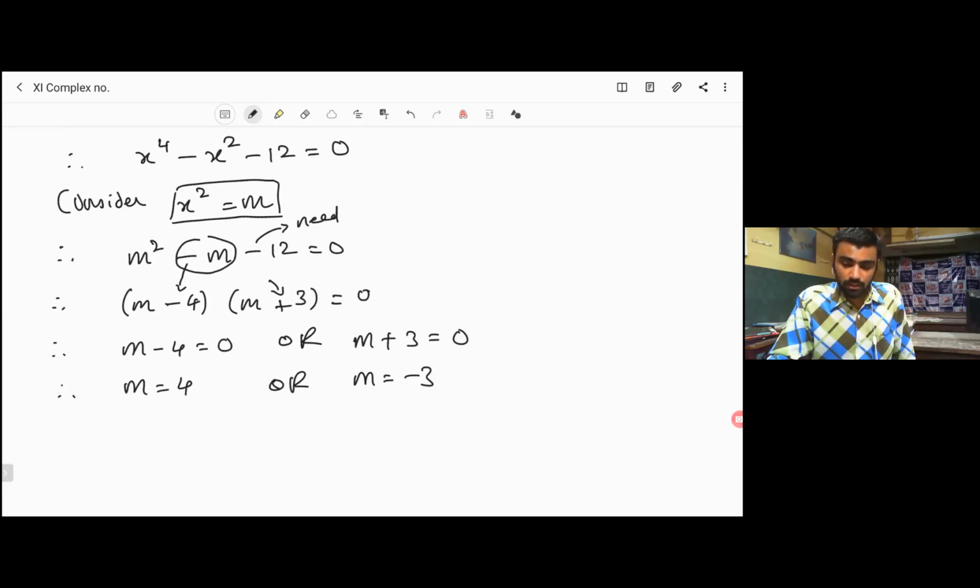So instead of m you are going to keep m square, and as a result you have to now keep this original variable x, that is in place of this.